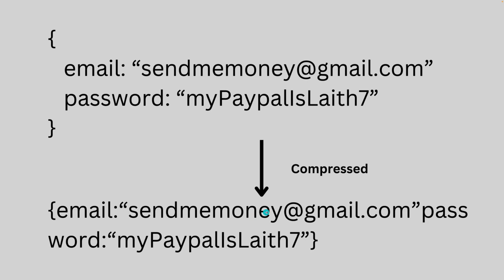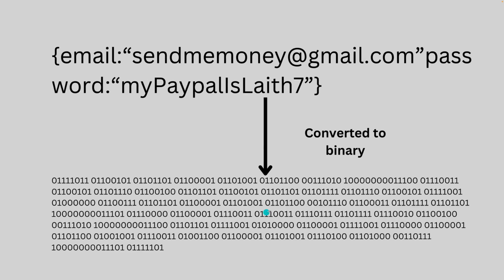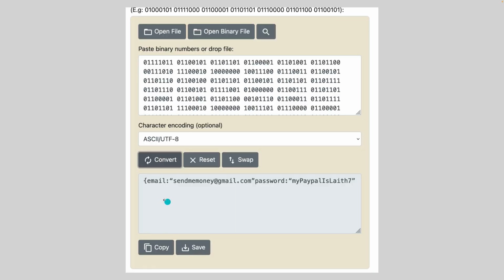The next thing that it does is convert that JSON into binary, a bunch of ones and zeros. If we wanted to, we can convert this binary back into our JSON.